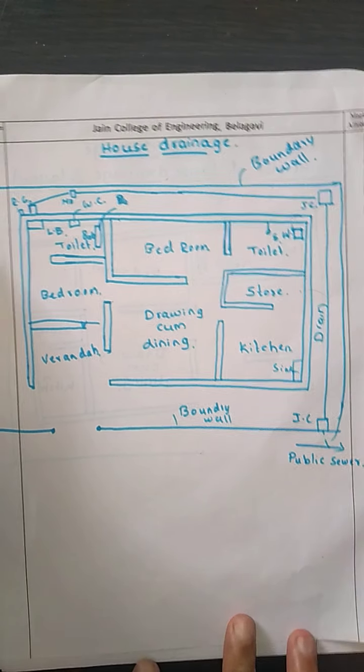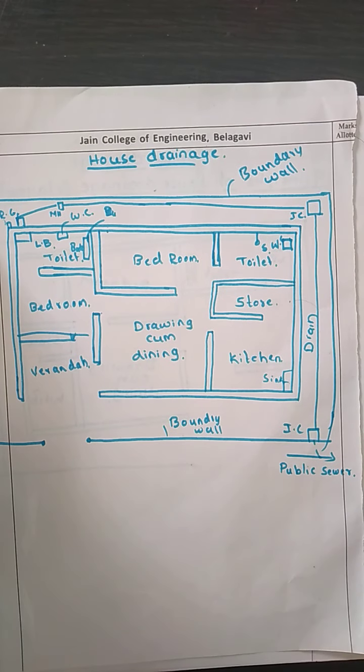Now why do we need to have it? We have spoken about the conservancy and water carriage systems. In the conservancy system, the waste whatever the house produces is kept in the backyard of the house, and it creates an unhygienic condition.